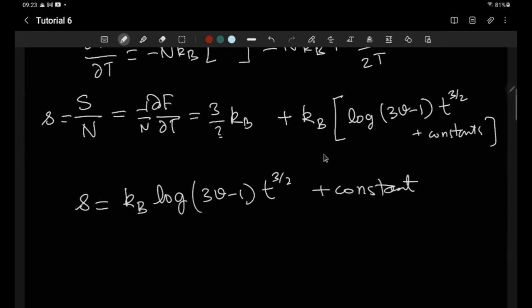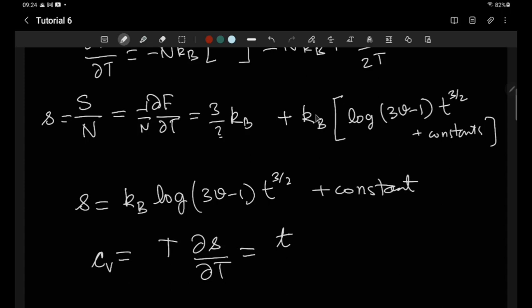Why is that? Because we want to compute Cv. Little cv will be C by N, so let's write this little cv itself. That will be T d little s by dT.